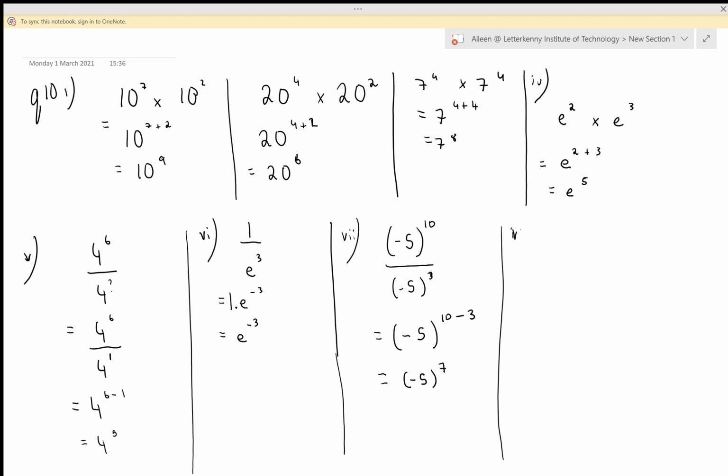Part 8, 10 to the power of 4, all to the power of 9. So in this case, you are going to rule 3. If you're powering a power, you times them together. This becomes 10 to the power of 36.